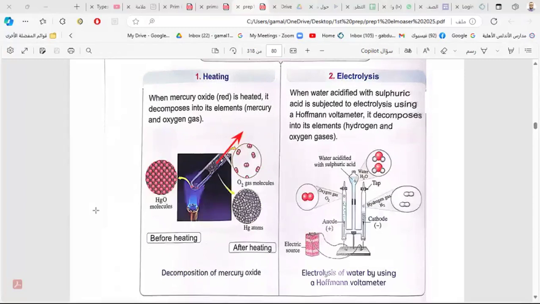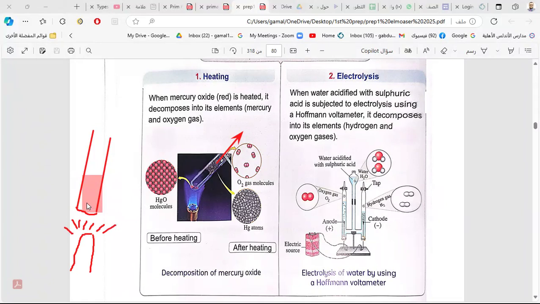So if you have a test tube like this, and you put inside it something like mercury oxide, which has a red color, and you heat it strongly on a flame, the mercury remains in the bottom here in a silver color.